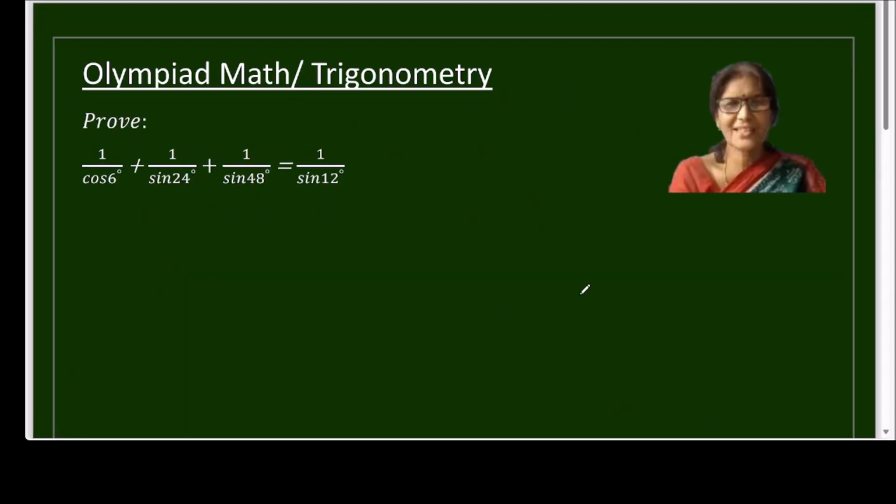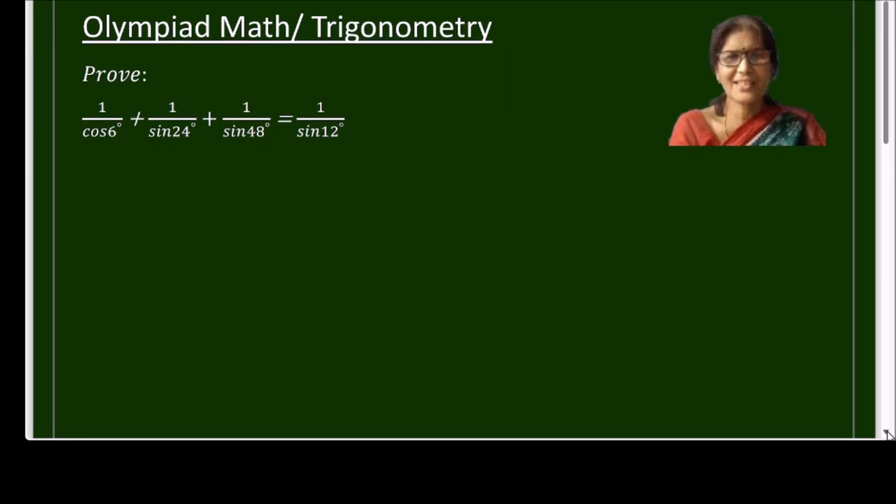Prove that 1 over cos 6 degree plus 1 over sine 24 degree plus 1 over sine 48 degree is equal to 1 over sine 12 degree. So let's proceed for the solution.